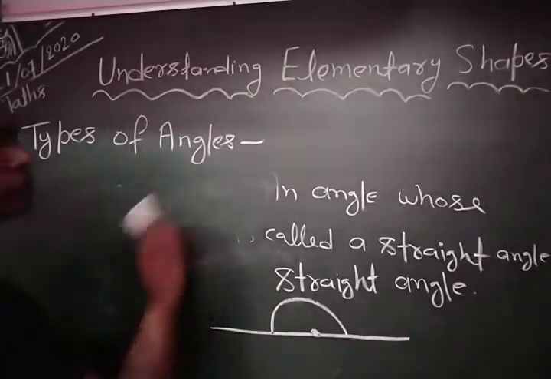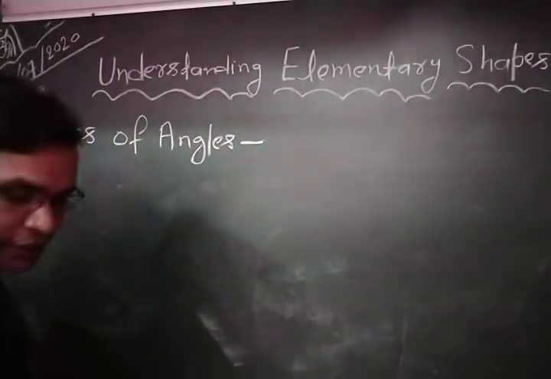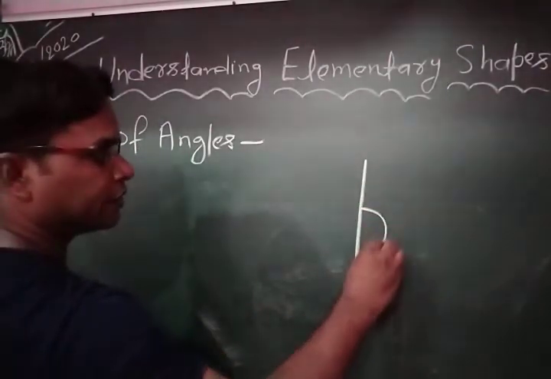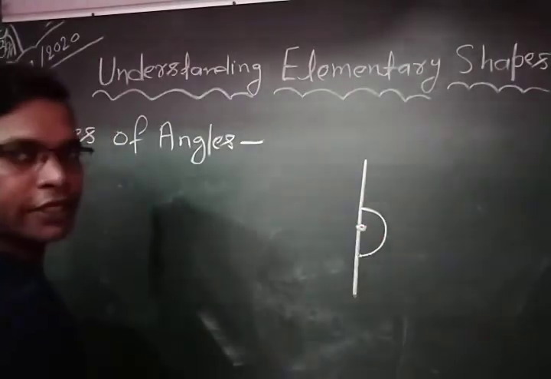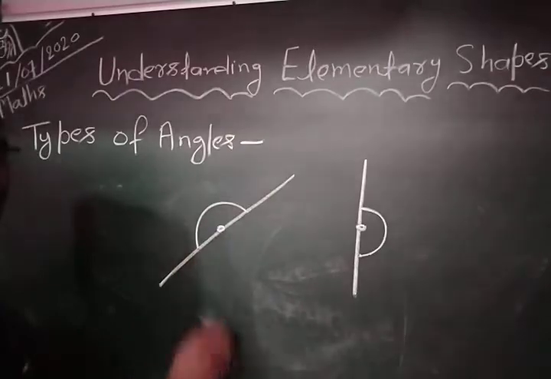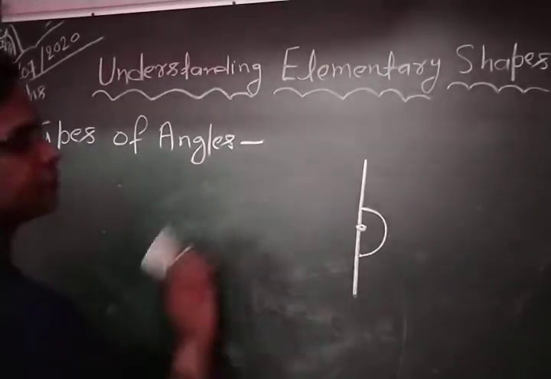On those figures whose value is 180 degrees, you can say this is the straight angle. Also the form of straight angle like this. This is a straight angle, like this. And this is also called half revolution. Clear?